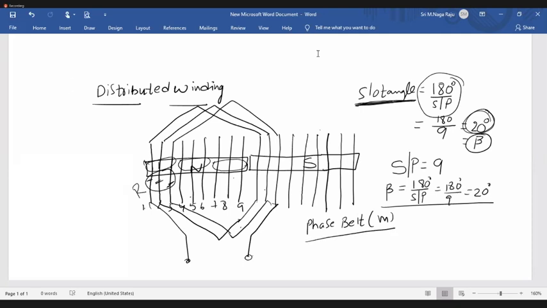It is a group of consecutive slots belonging to each phase under each pole.